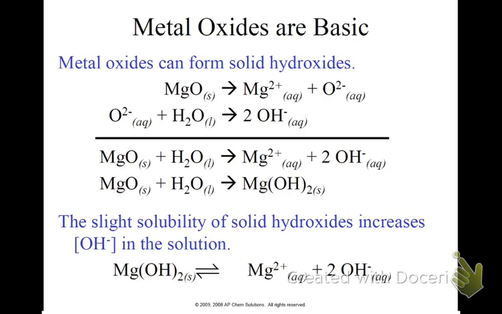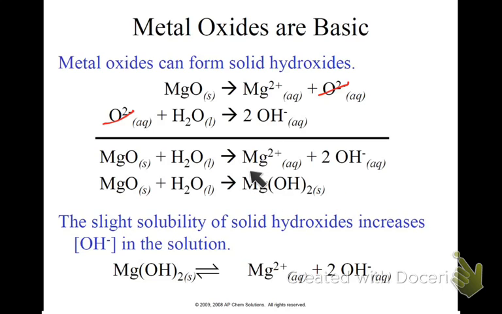So O2 minus is formed and used up, and the overall reaction is MgO plus water forming Mg2 plus and 2 OH minus, which is actually a solid, so that will form a precipitate. If we dissolve magnesium oxide in water, it's going to precipitate out magnesium hydroxide.